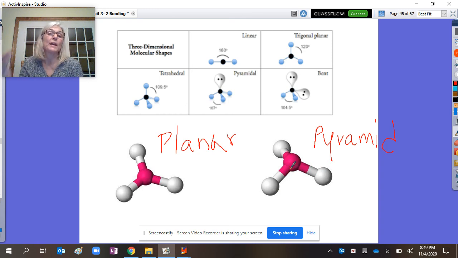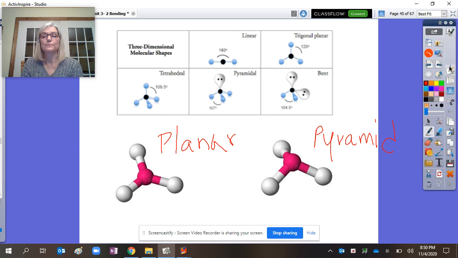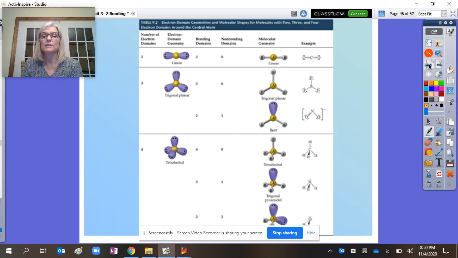It's repelling because like charges repel. And then this one does not have that unshared pair, so the bond angle is a little different. So you can see it's 120 for this one, and in this case 107 for this one. And I think that's it.